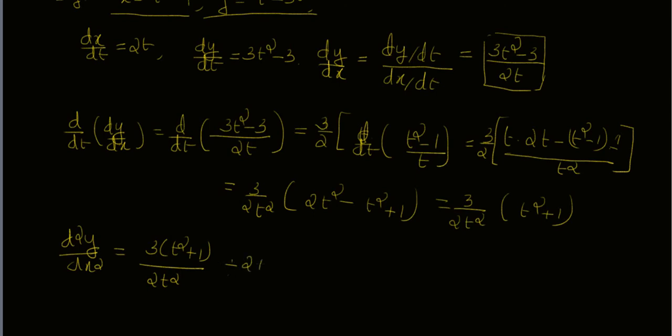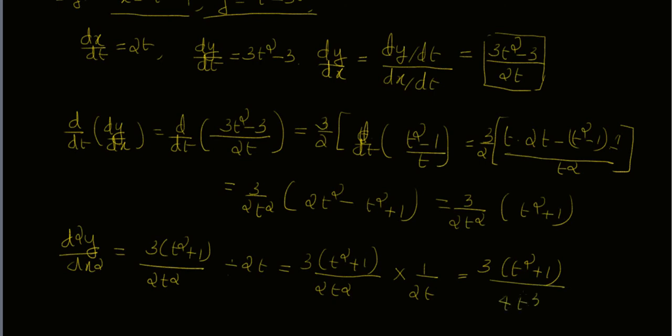Dx by dt is 2t, so this is equal to 3 into t square plus 1 divided by 2t square into 1 by 2t, which is equal to 3 into t square plus 1 divided by 4t cube. This is the answer. Is it clear? Yeah.